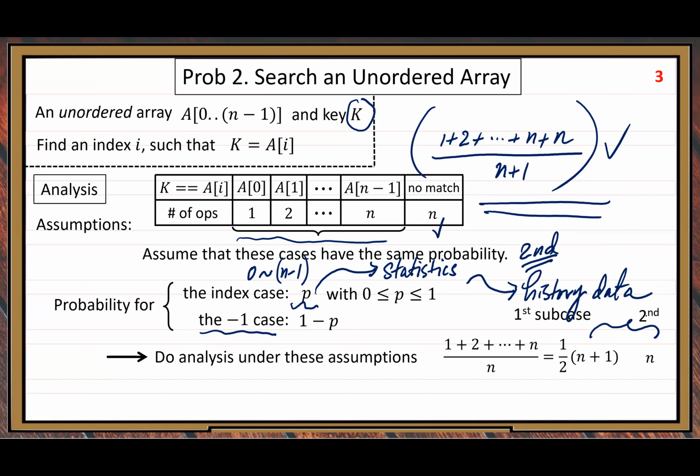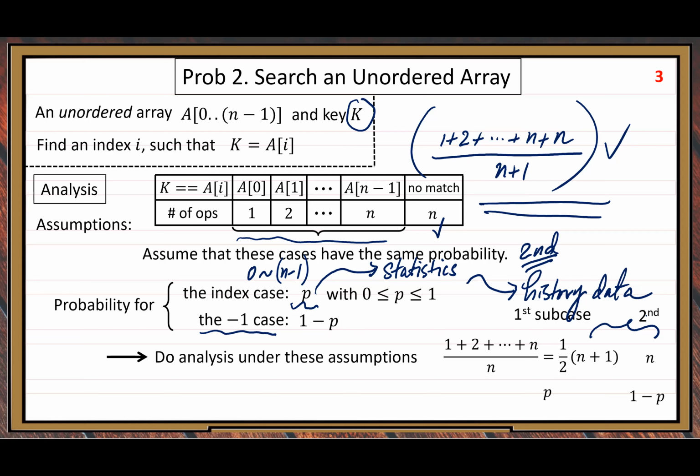The first case, the corresponding probability is P. The second case, the corresponding probability is 1 minus P. With this information, can you imagine some fair way to put things together to get an overall average? The average should cover all the possibilities, but in a reasonable, fair way. That's what we need to do.